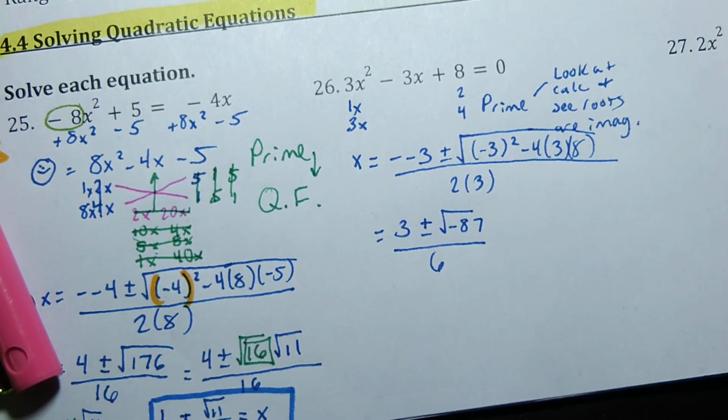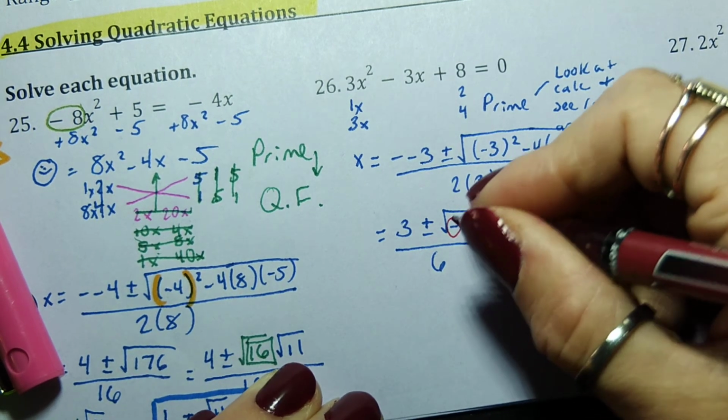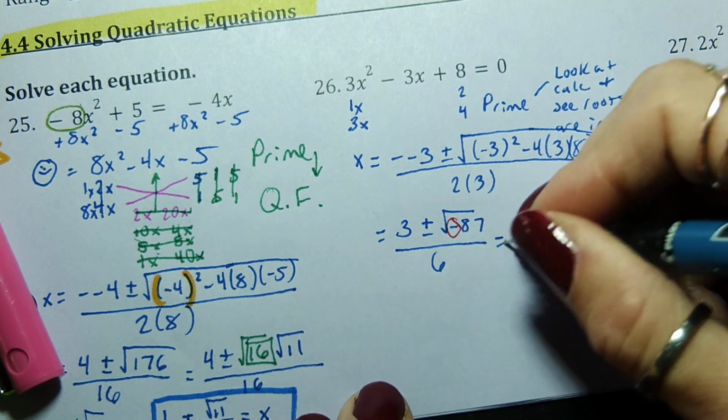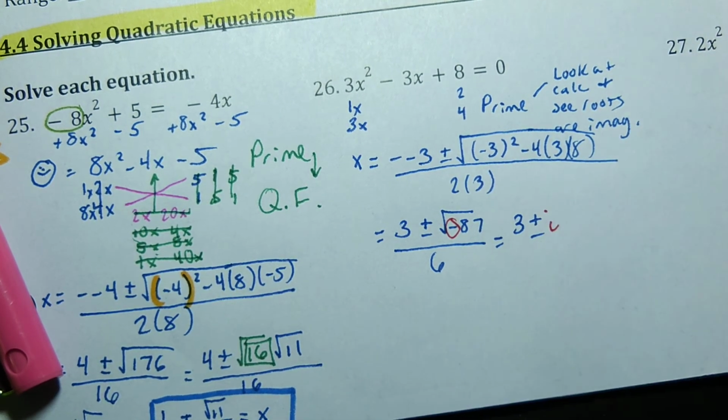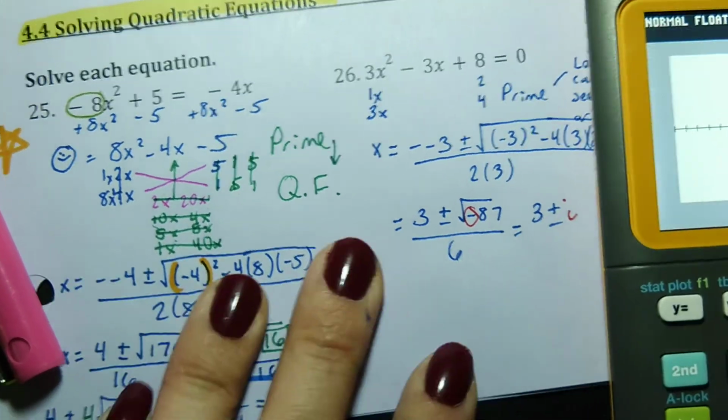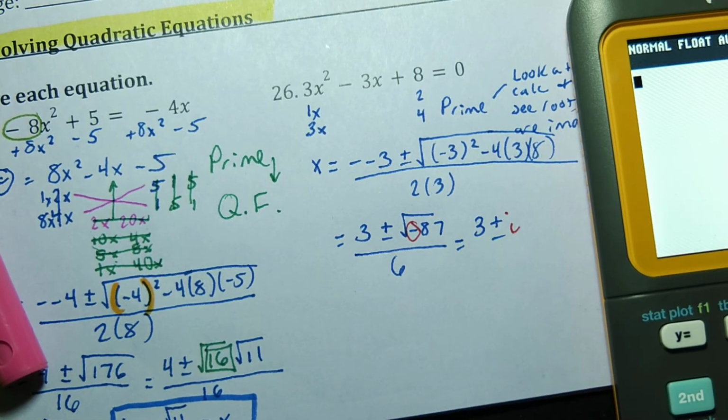Now, if we're trying to break that down, the very first thing we should do with that square root, seeing that there's a negative underneath it, is take that i out immediately. So 87, off the top of my head, I'm not thinking of any factors.